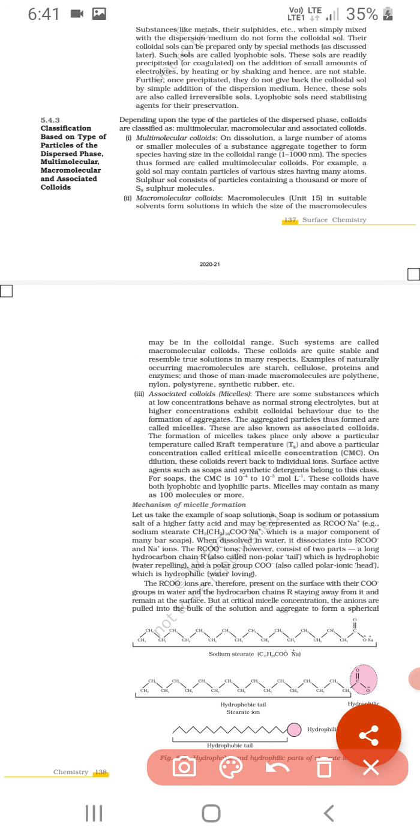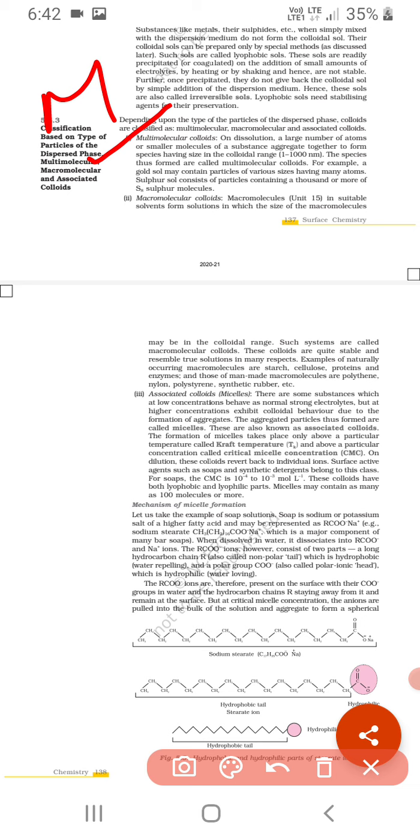So we are going to discuss multimolecular colloids first. In this, a large number of atoms, molecules or particles come together to come under the range of 1 to 1000 nanometers, and this type of colloidal solution is called multimolecular colloids.